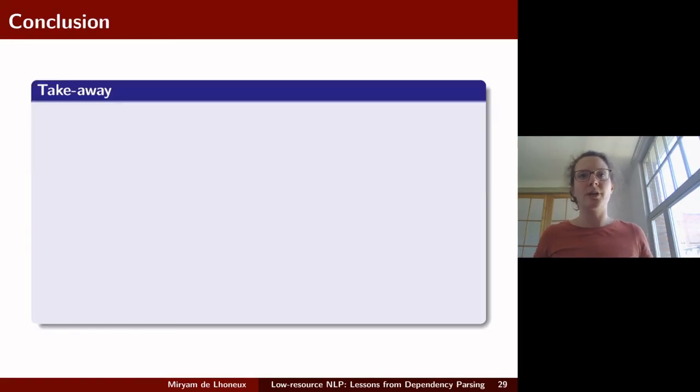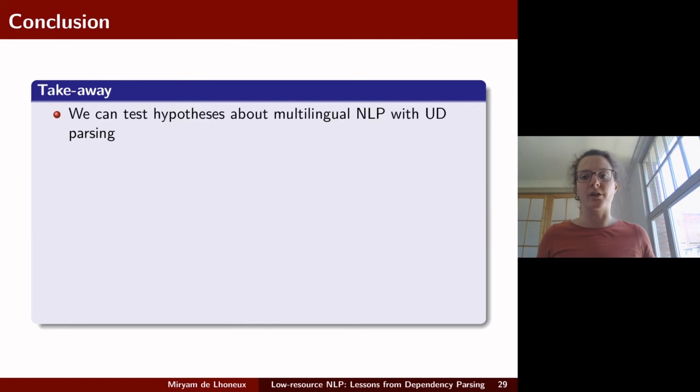So to conclude, what I would like you to take away from this talk is, first, I hope that I convinced you that universal dependency parsing is kind of ahead of the game in terms of multilinguality, and that we can test hypotheses about multilingual NLP in the context of dependency parsing, and hope that they later port to other tasks.